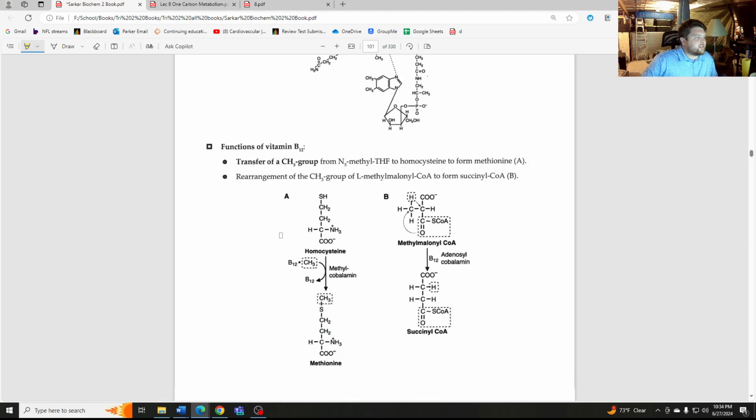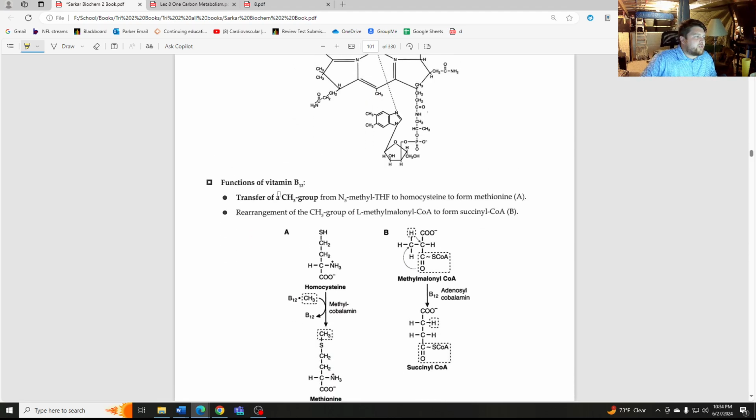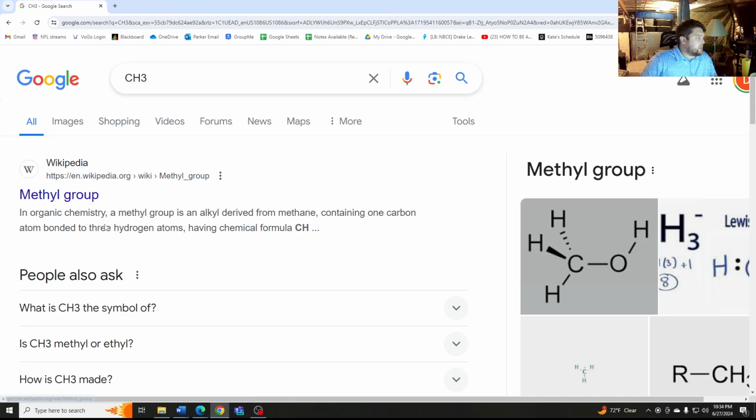So the functions of vitamin B12: transfer of a CH3. Remember our functional groups, what the CH3 is. That's our methyl group. CH3 is our methyl group.